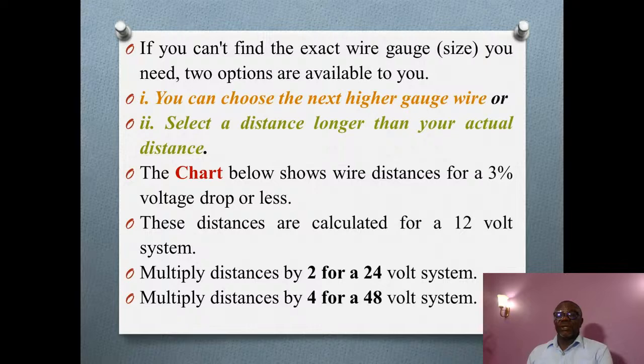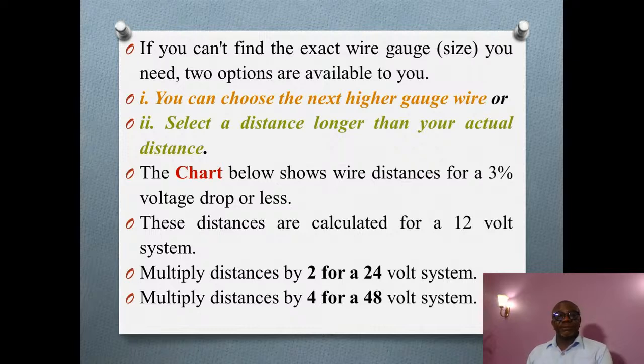Of course, if you are working on your solar installation and you record only 3% loss or drop in voltage, it is said to still be an acceptable margin. So what we are looking at now is a 12-volt system which can give about 3% voltage drop.